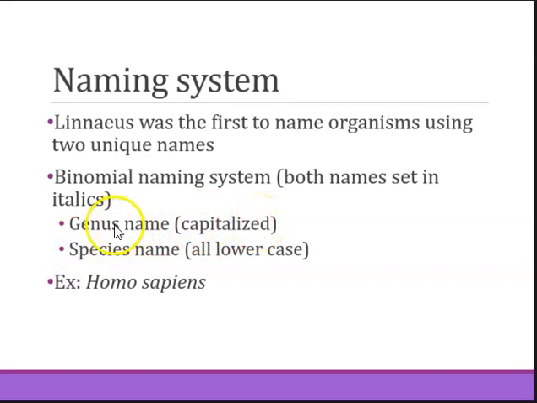The second part of this name is the species name, and this is all in lowercase. For example, we human beings are known as Homo sapiens. So our genus name is Homo, and our species name is sapiens. You can see that it's in italics, the genus name being capitalized and the species name in lowercase.